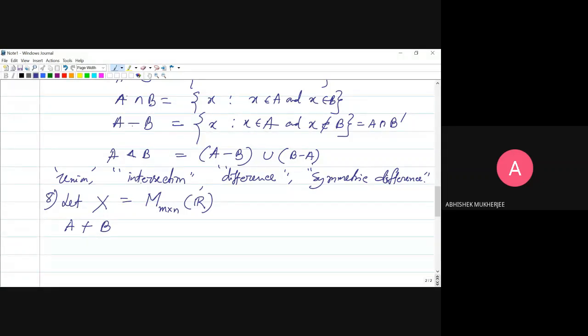It will be like Cij, where Cij is the entry Aij, the ij-th entry of the matrix A, plus the ij-th entry of the matrix B, Bij. So in this way, you can define the addition between two matrices, and this will generate another matrix of order M cross N over the reals.